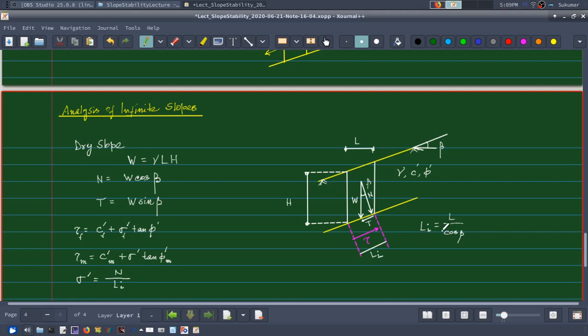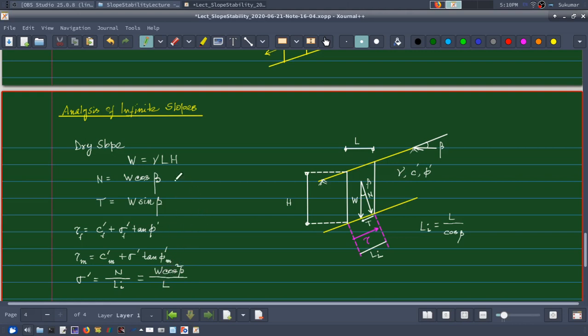So if I now put the value of N here, W cos beta divided by L by cos beta, that cos beta will go up, so it will be W cos square beta by L. Is that right?